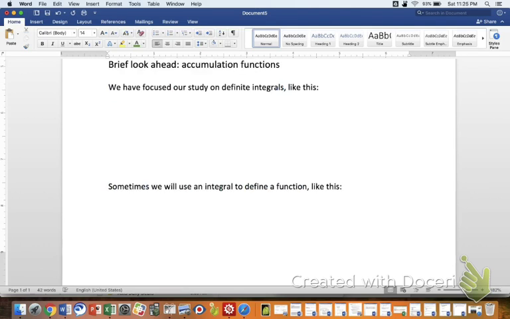So we have done a lot with definite integrals so far. Even early on here in chapter 4, we've already done quite a bit.